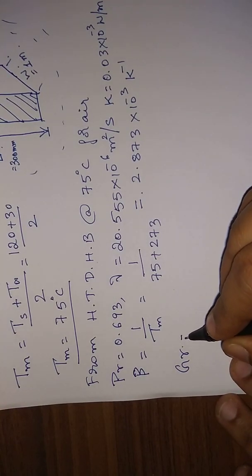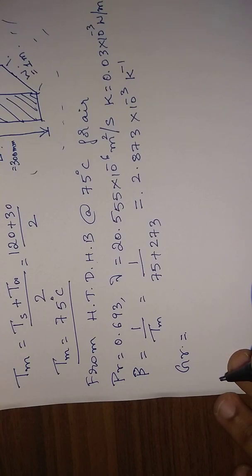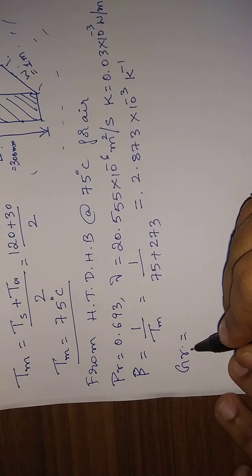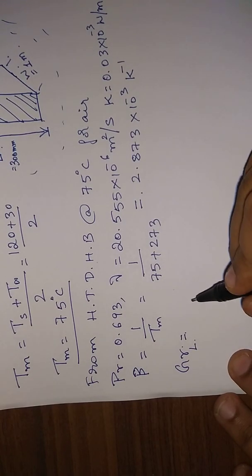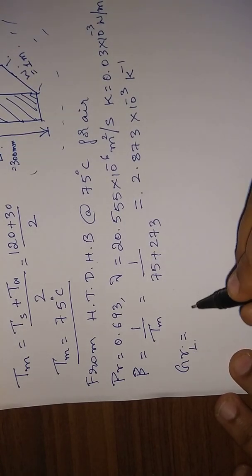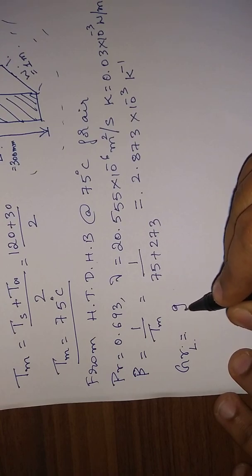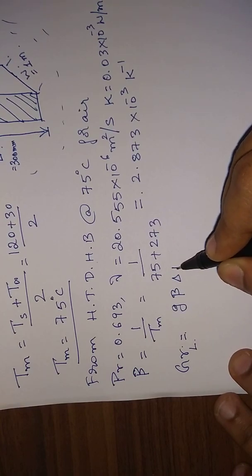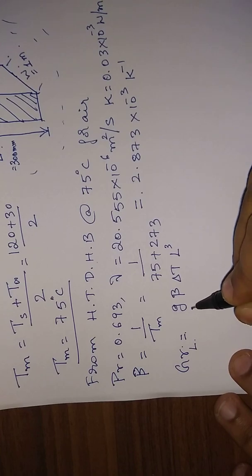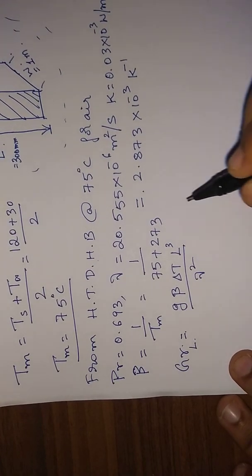I am not finding out the local Grashof number. We are finding out the Grashof number at the end, that means at L. So Grashof number GrL is equal to what? You know already, g beta delta T into L cube divided by nu square.